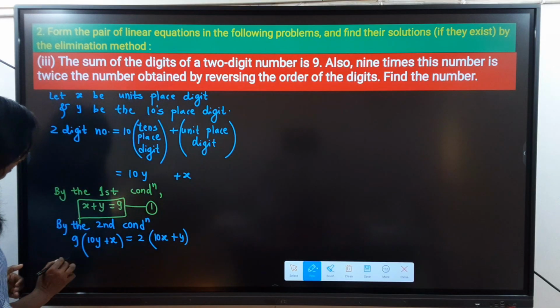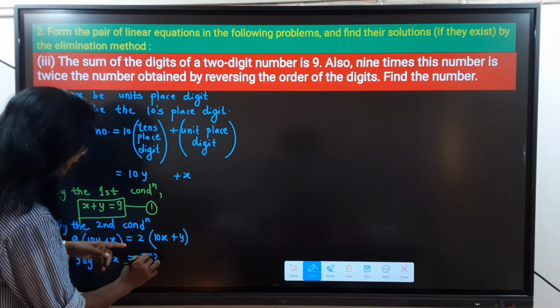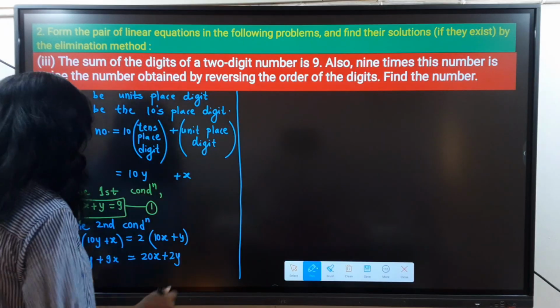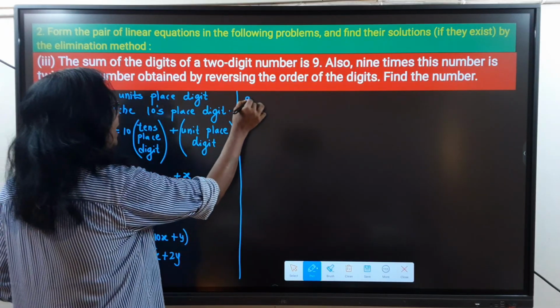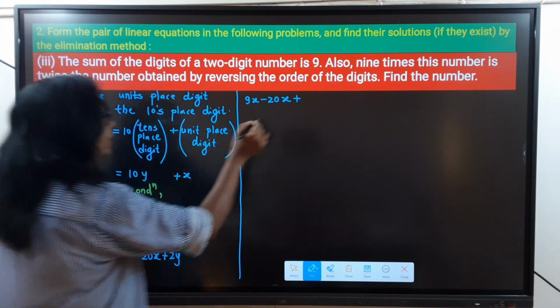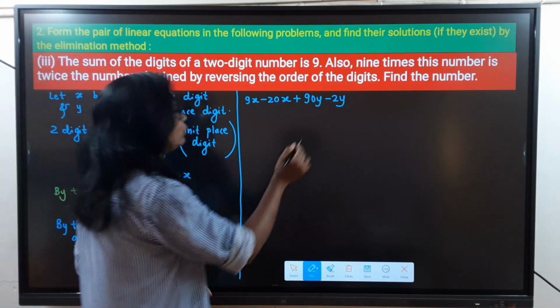Okay, but here we can simplify. So it becomes 90y plus 9x is equal to 20x plus 2y. Now further simplified, 9x minus 20x plus 90y minus 2y is equal to 0.